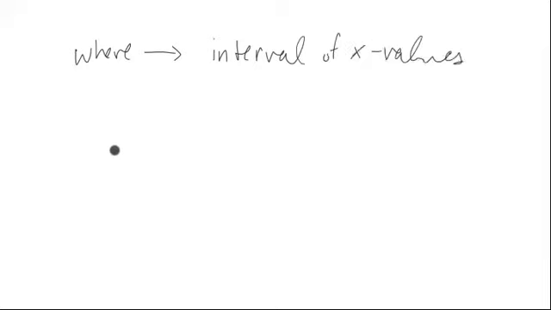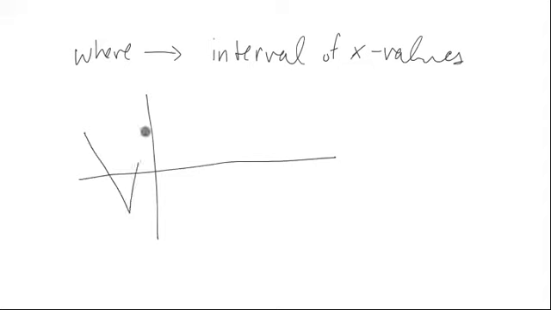So let's suppose, for instance, that we have the following graph, something that looks like this. Suppose this point is 5, this point is 2. Let's just say that point's a half.